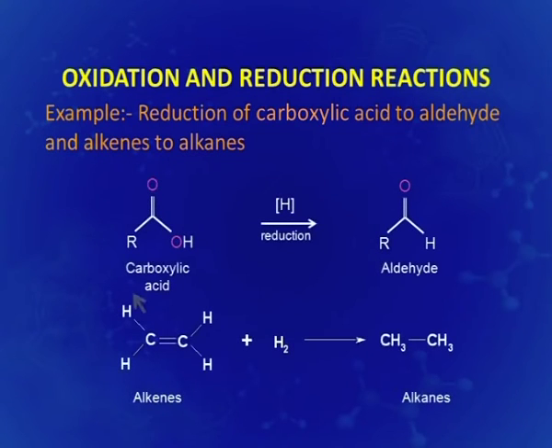So, carboxylic acid gets reduced to aldehyde and alkenes get reduced to alkanes. You can see that there is addition of hydrogen, whereas in case of carboxylic acid getting converted to aldehyde, we have removal of oxygen.